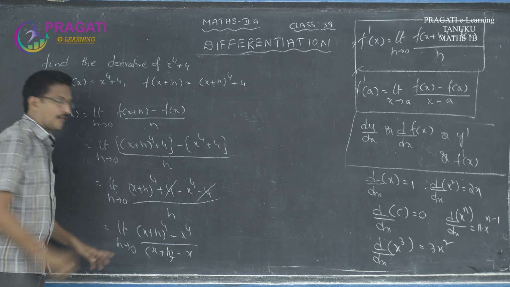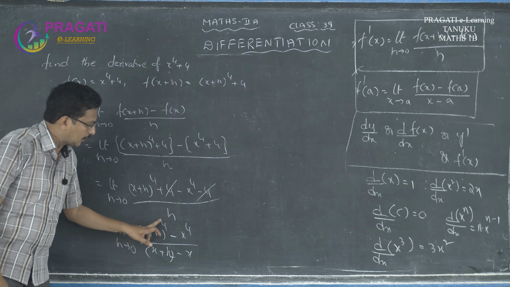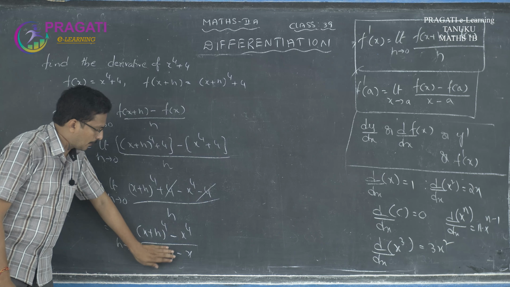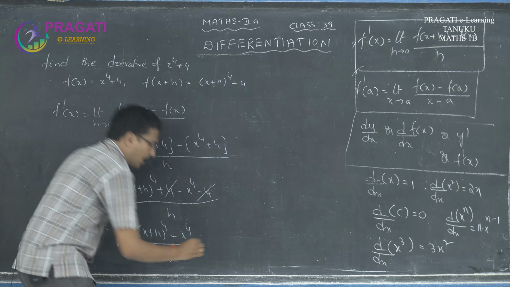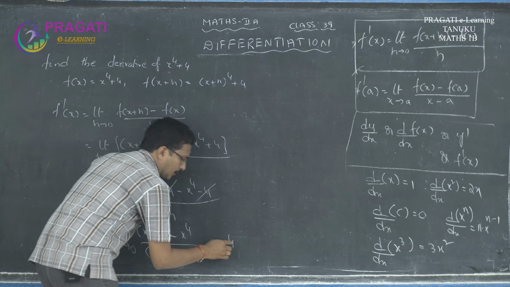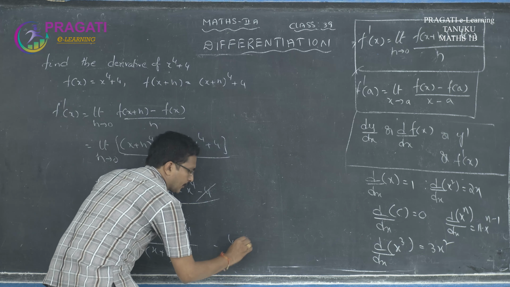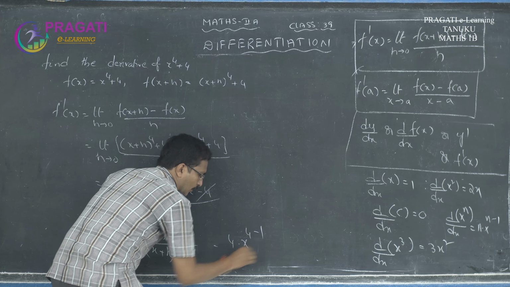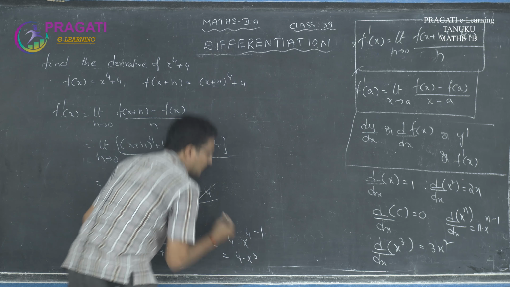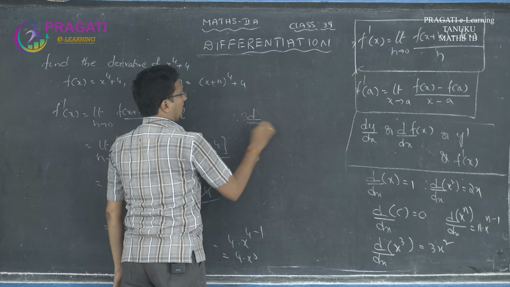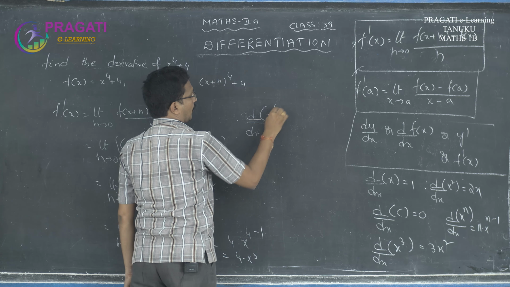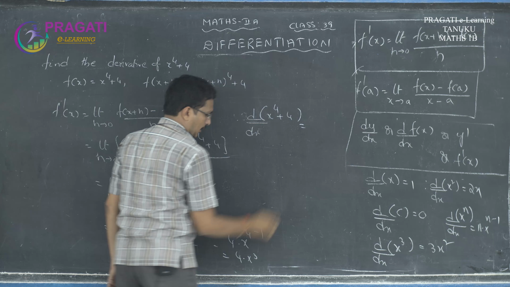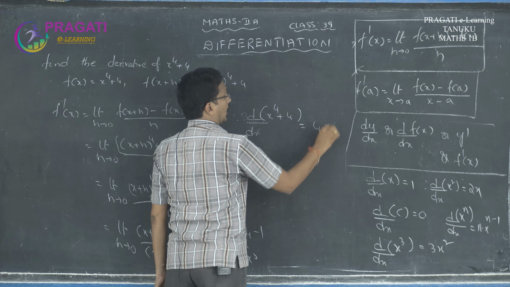Here you observe that it is the formula x power n minus a power n by x minus a. The formula is n into a power n minus 1, that is 4x cube. Therefore, d by dx of x power 4 plus 4 is equal to 4x cube.